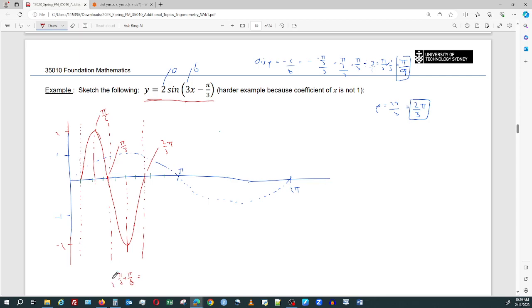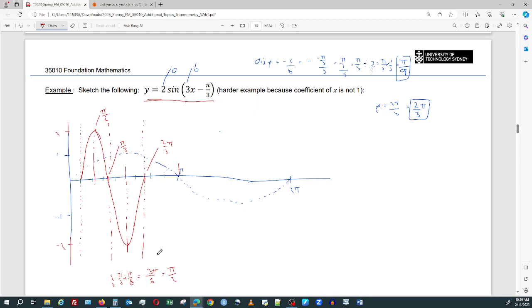So it's 2 pi plus pi is 3 pi on 6, which is pi on 2. You could have mentioned that. Pi on 2 is half of 1.